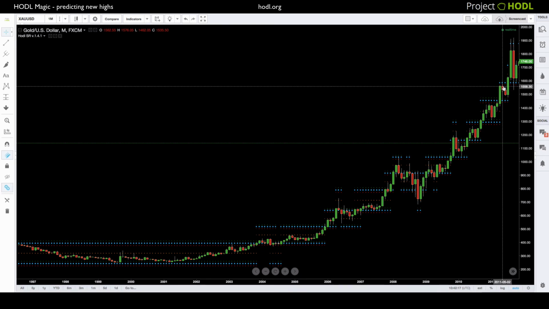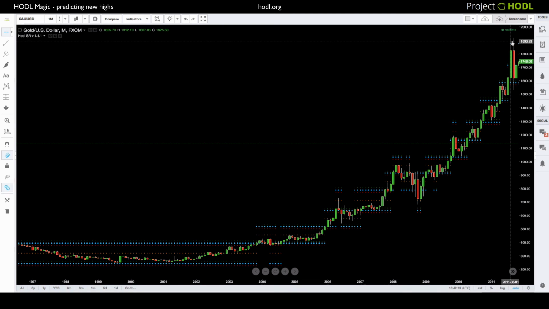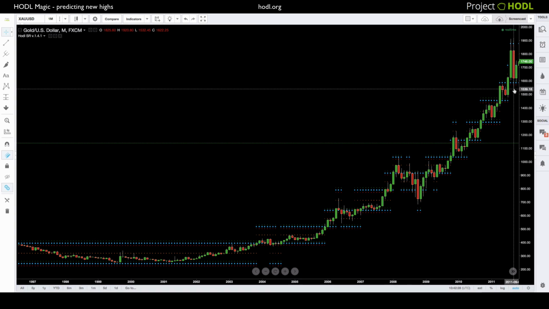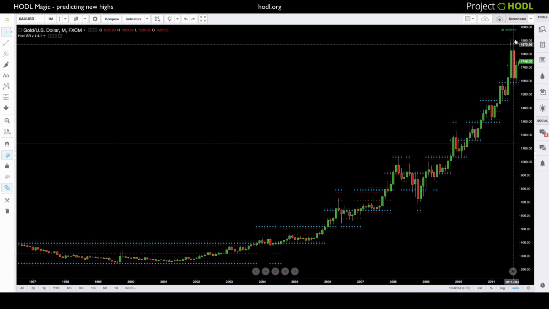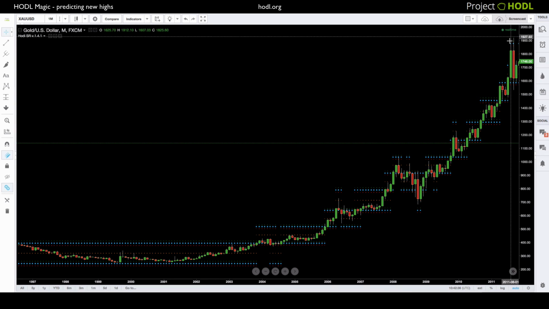And now we are here. Look, we reached another predicted resistance level, and the price bounced down for 2 whole levels, which actually means that we might have a new higher high in place.